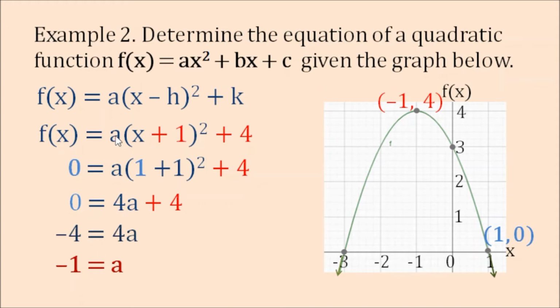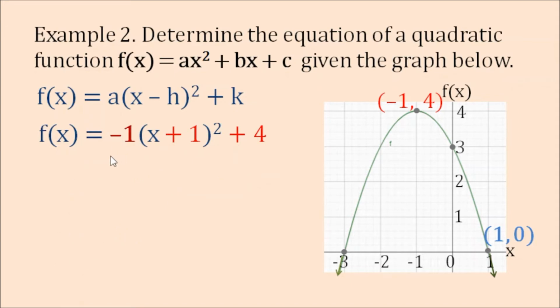Now we are going to substitute this a here with negative 1. Now our equation is in vertex form. Since we are asked to write it in standard form, we will continue with the next steps.